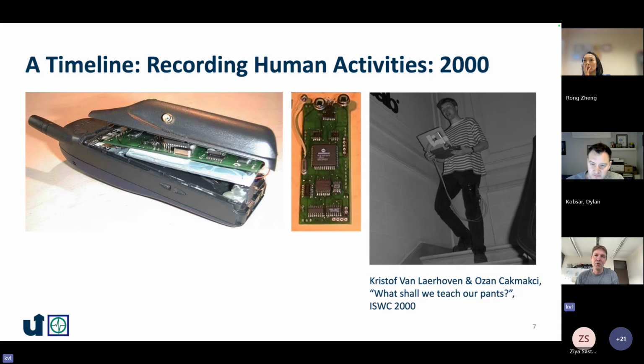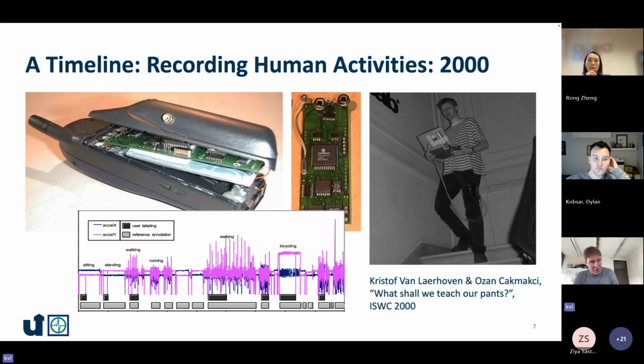And in 2000, I had this paper called "What Shall We Teach Our Pants?" Which basically is asking the question, what if we could have wearables that we could teach certain things as they would observe exactly the same thing that we are observing, but they would be on our body. So if I would be walking down the stairs like here, would I be able to then teach my wearable that this is what walking down the stairs looks like?